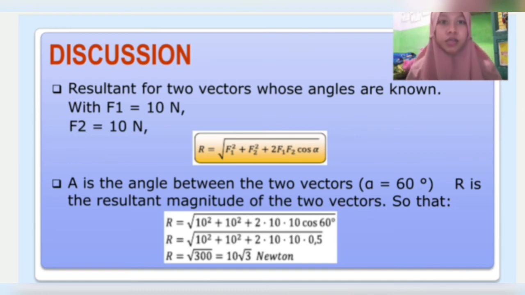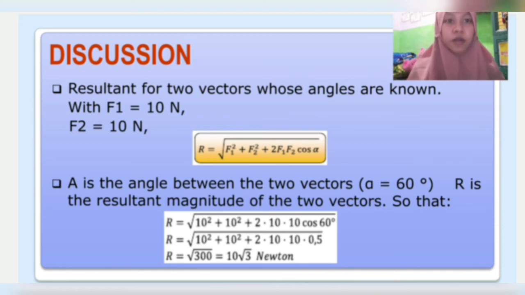So, discussion: the resultant for two vectors whose angle is known, with F sub 1 equals 10 Newton and F sub 2 equals 10 Newton.